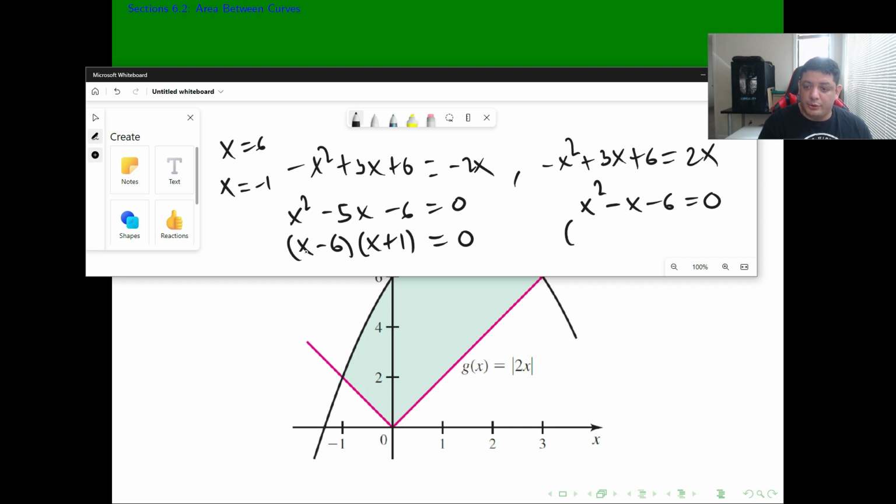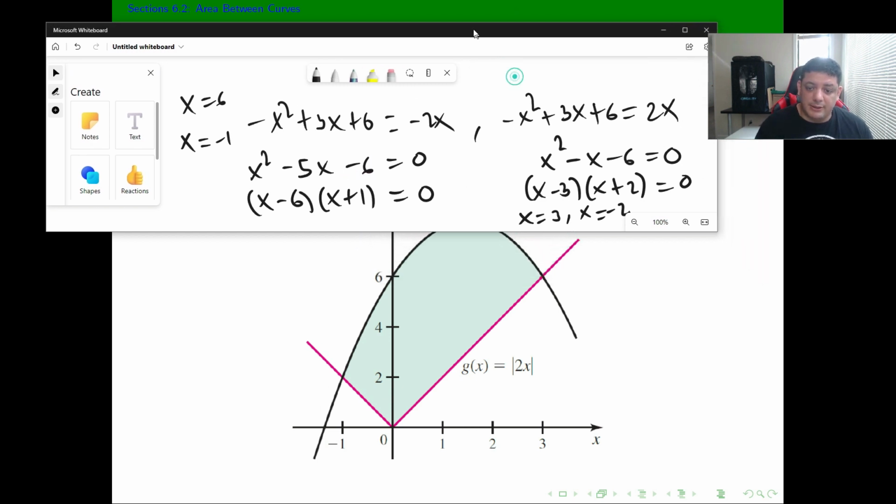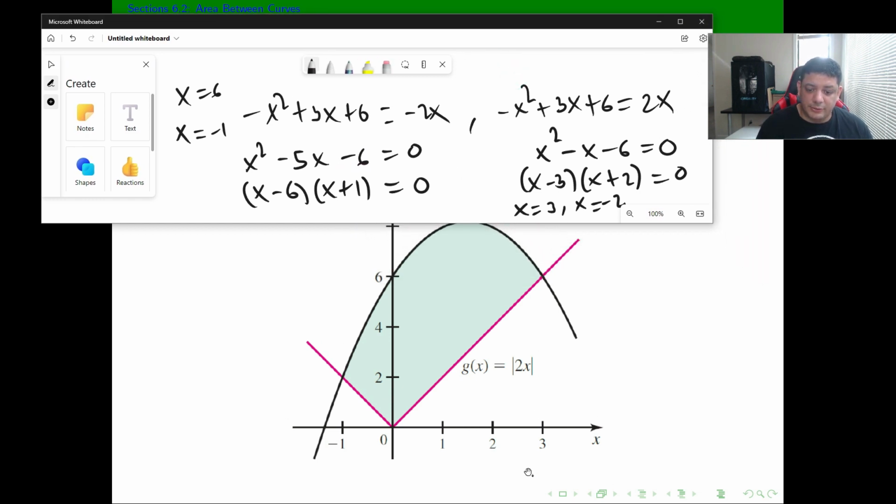And this multiplication will give me 6 and the sum minus 1. So x minus 3 and x plus 2. That will give me x equals 3 or x equals minus 2. But since we're on the positive side, we know that it has to be x equals 3. So that's going to give me my second intersection point, which is 3.